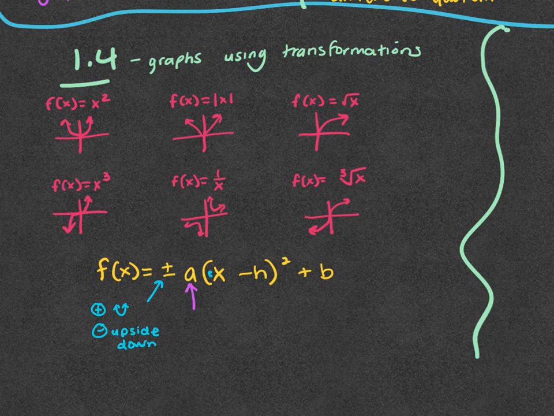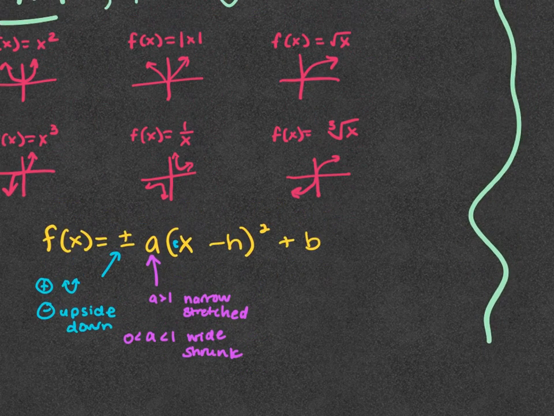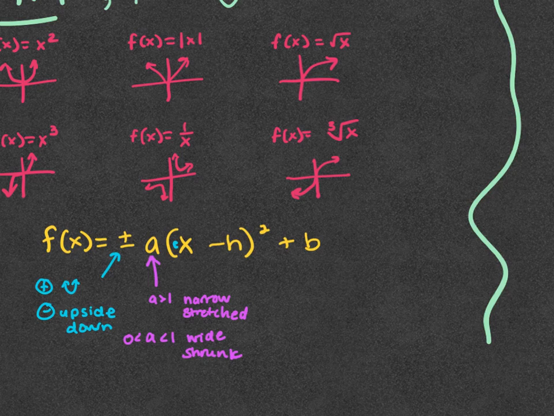The a, if it's greater than 1, it's narrow or stretched. If it's in between 0 and 1, it's wide or shrunk. It's a C. I know it's funny. This is your horizontal stretch or shrink.